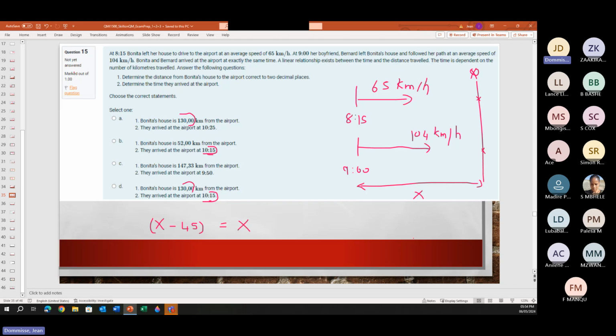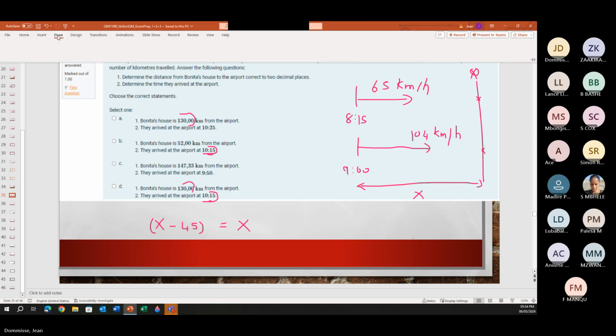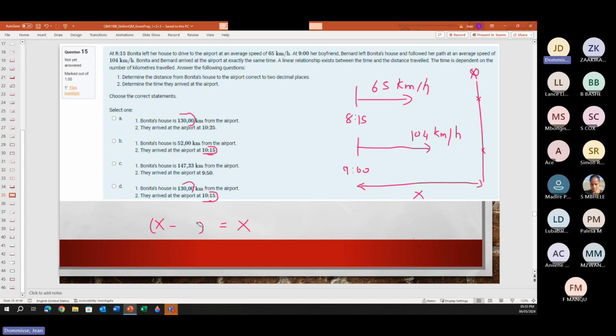Let me quickly check. So let's just make that a fraction.